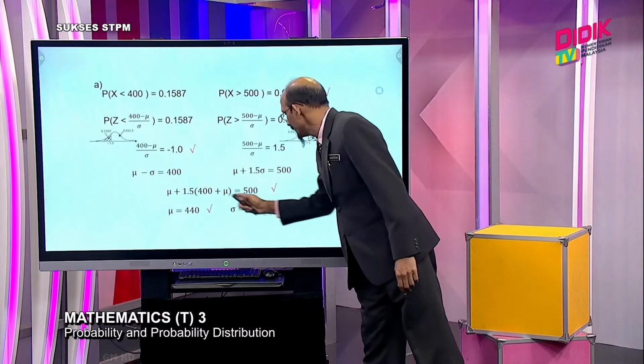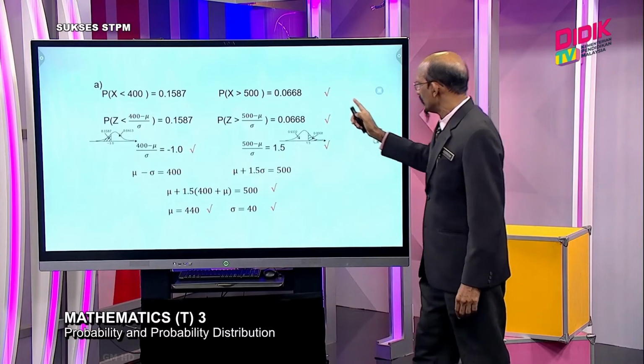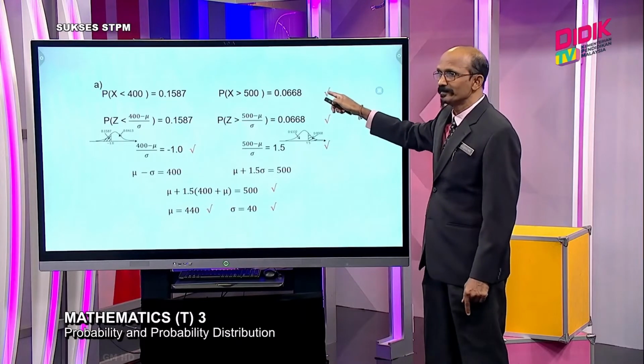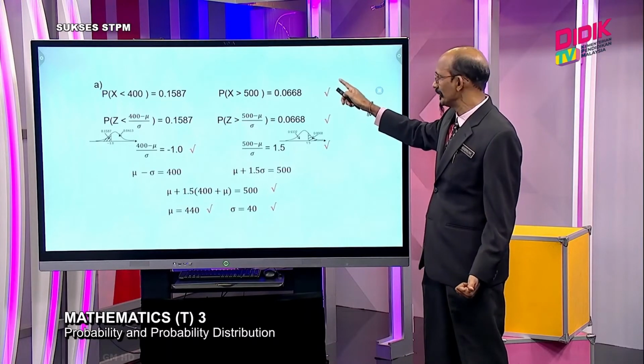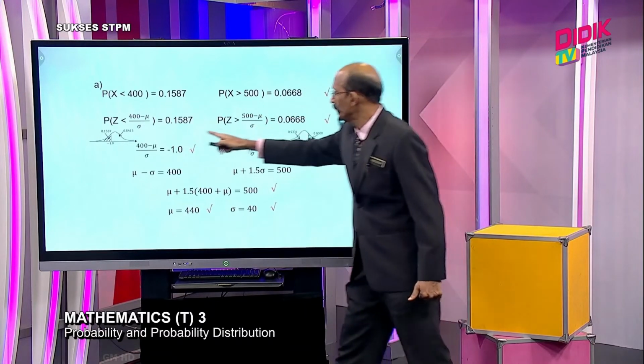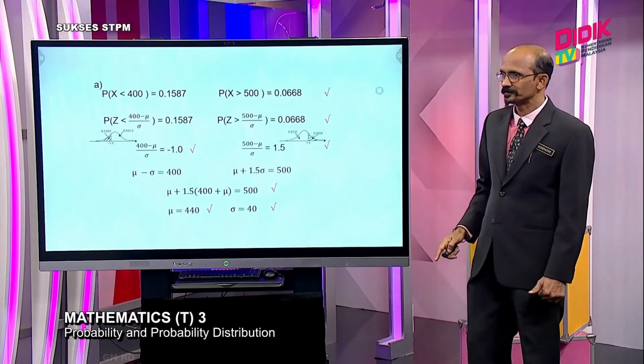So 1 mark here, 1 mark here. If you notice here, Sean, changing the probabilistic statement into symbols is very important, as I mentioned earlier. Standardizing, using the correct diagram, then get your answer.